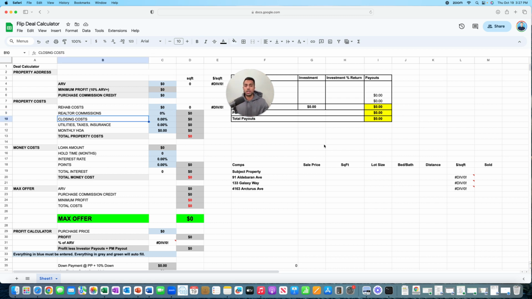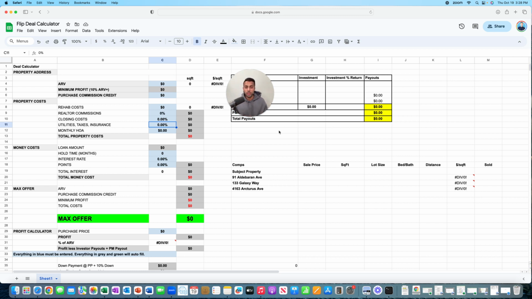Next up is closing costs. These are all the costs associated with your purchase or sale of the property, and usually it's around 1 to 2% of the purchase or sale price. Next up, utilities, taxes, and insurance. These vary from city to city, neighborhood to neighborhood. Insurance is really dependent on if you're in a high fire zone, a flood zone, or not.